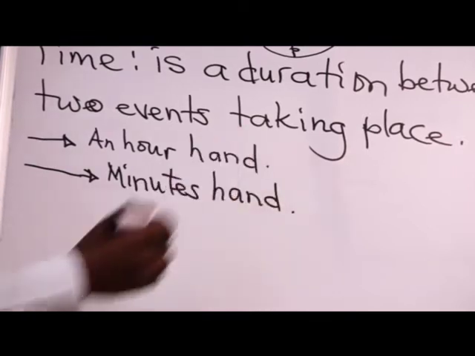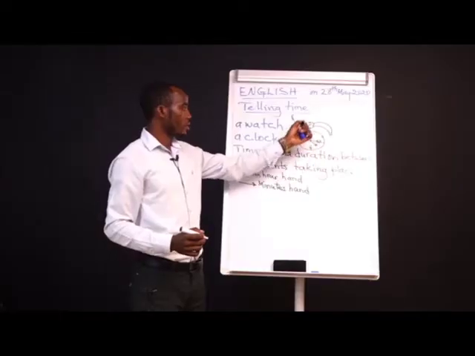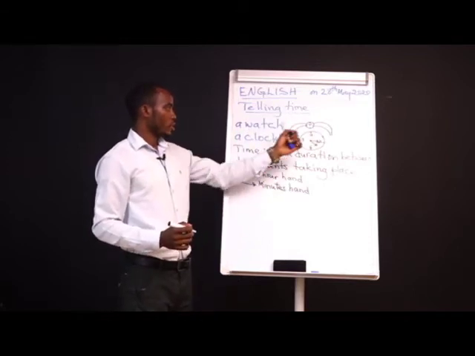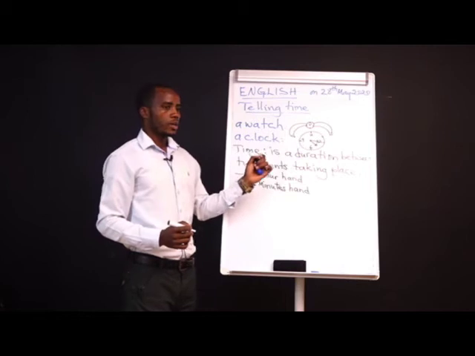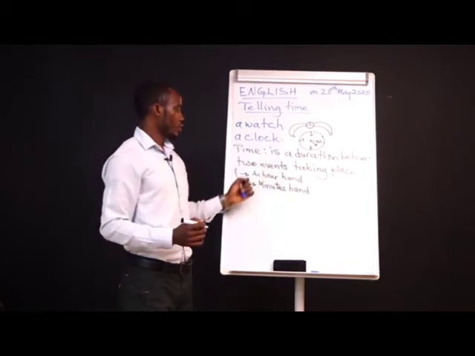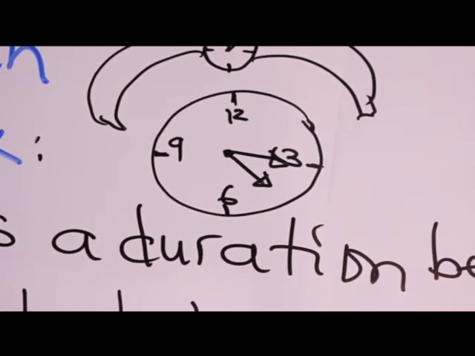To mean that when you will see most of the clocks or the watches, you will find minute hand and hour hand, and in some of the clocks or some of the watches, you will find that there is also the second hand. It is longer than the minute hand.